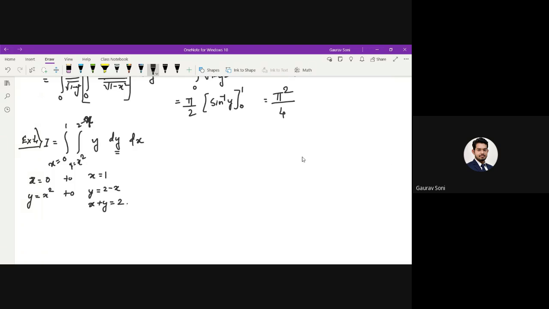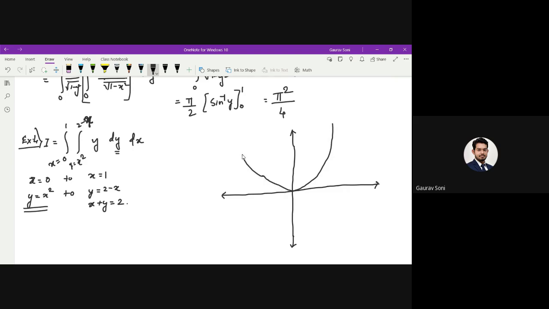Let's draw the diagram for this now. The equation y equal to x square is a parabola opening towards which axis? Positive y axis. Whichever variable has power 1, towards that variable the parabola opens.